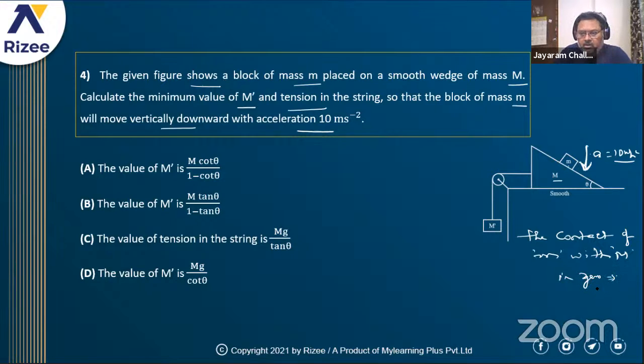That is, the normal reaction is going to become 0. So since it has been acting in this direction, what are the forces if I write the constraint relationship?